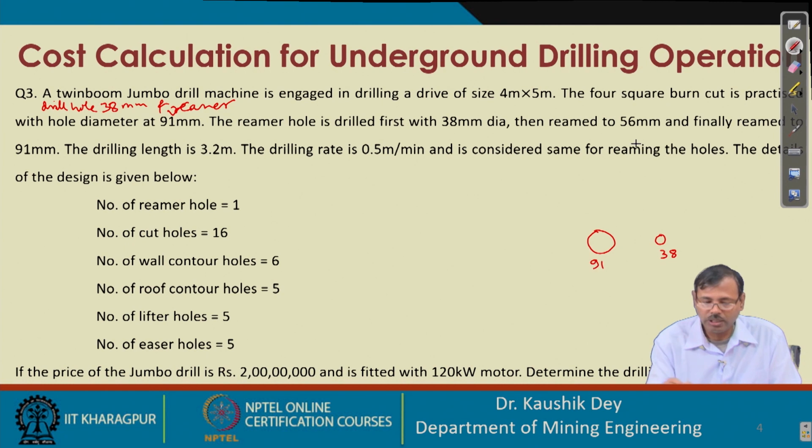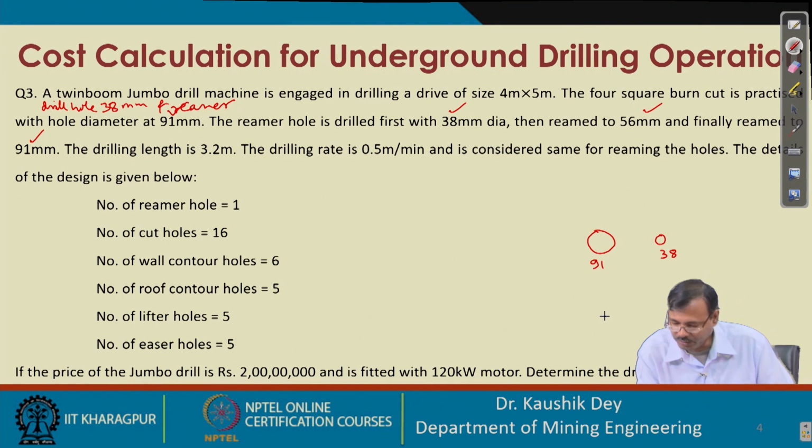Now, this 91 mm reaming hole is drilled in 3 steps. First this 38 mm hole is drilled, then that is reamed to 56 mm, then that is finally reamed to 91 mm. So, what is happening here? Basically first a 38 mm drill hole is made, then this drill hole is reamed to 56 mm, then it is finally reamed to 91 mm.